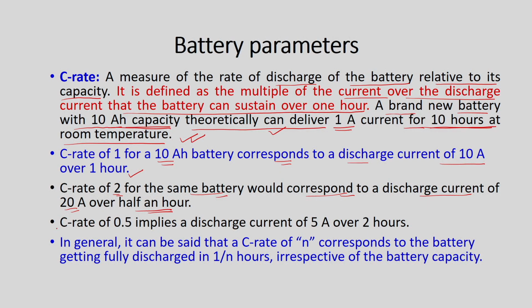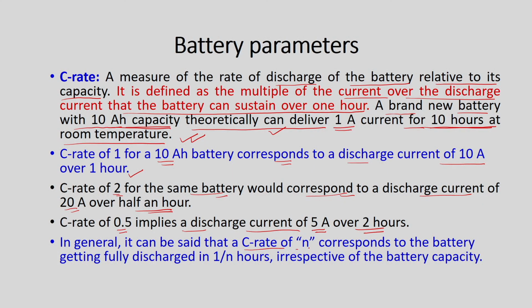And one more example, a C rate of 0.5 implies a discharge current of 5 ampere over 2 hours. In general, it can be said that a C rate of n corresponds to the battery getting fully discharged in 1 by n hours, irrespective of the battery capacity. This we should keep in mind. And this example will be very helpful to understand how C rate is defined.